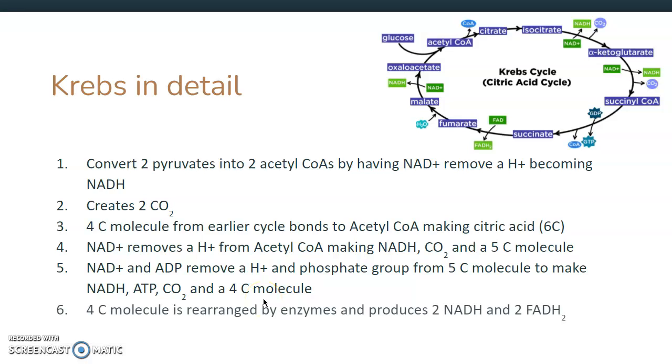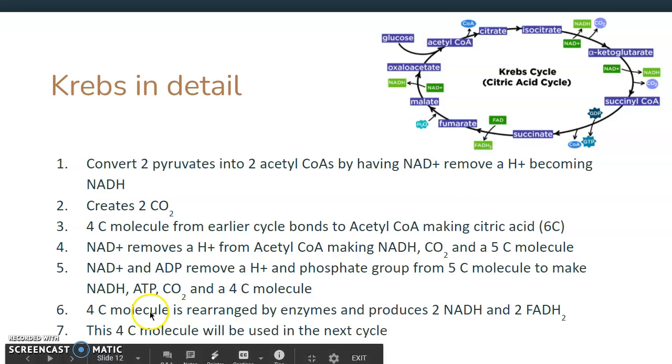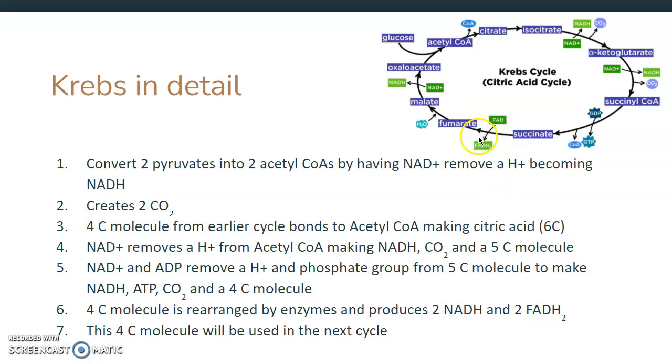So we just keep going around this circle. This 4-carbon molecule now is rearranged by the enzymes and produces 2 NADH and 2 FADH2. And then we have a 4-carbon molecule which is used in our next cycle up at the top.